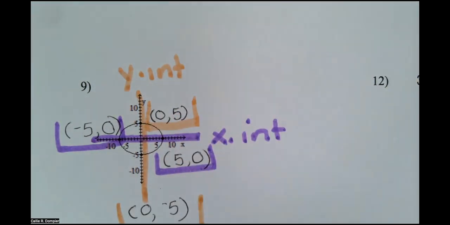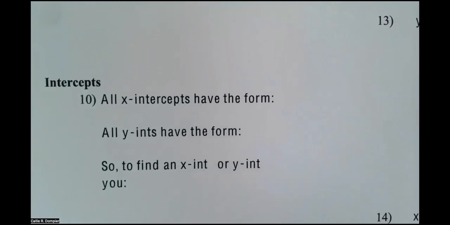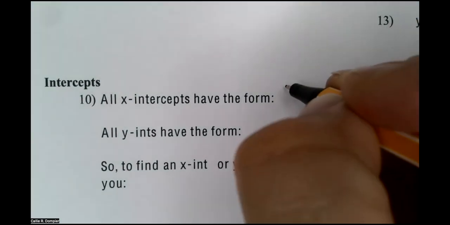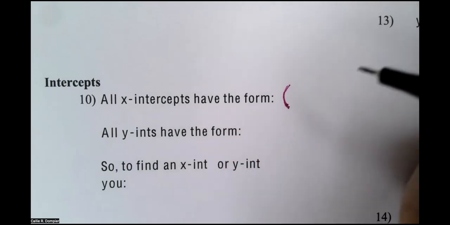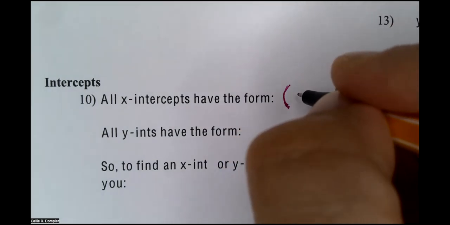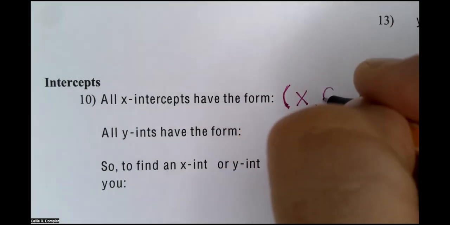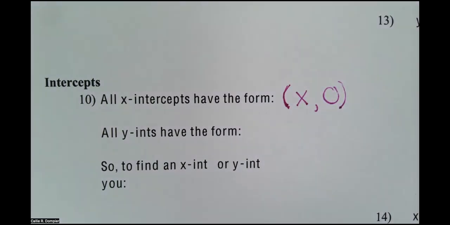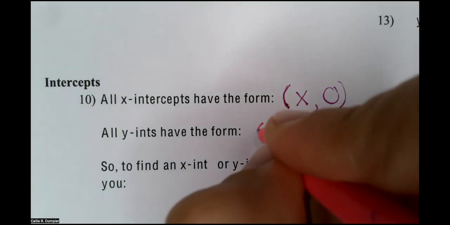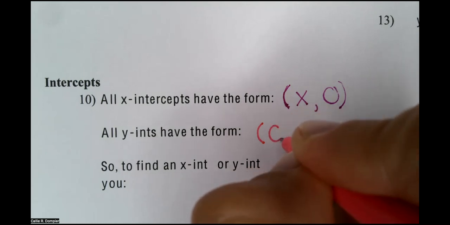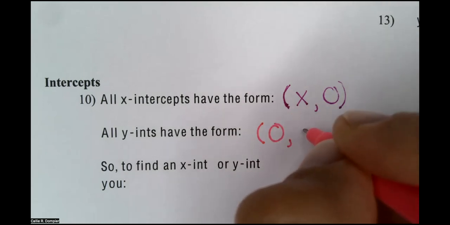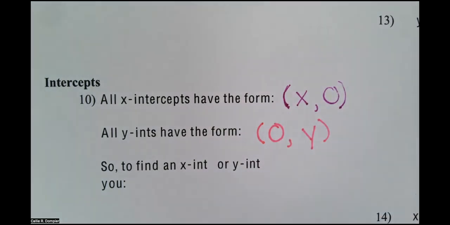All x-intercepts have the form however far you went on the x, and then your y is 0. All y-intercepts have the form we didn't move on the x, and then however far up or down you went on the y.